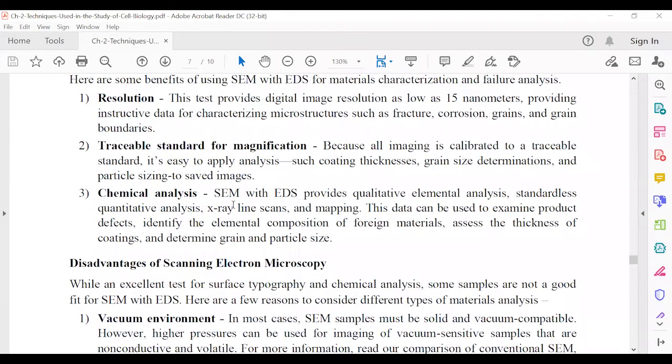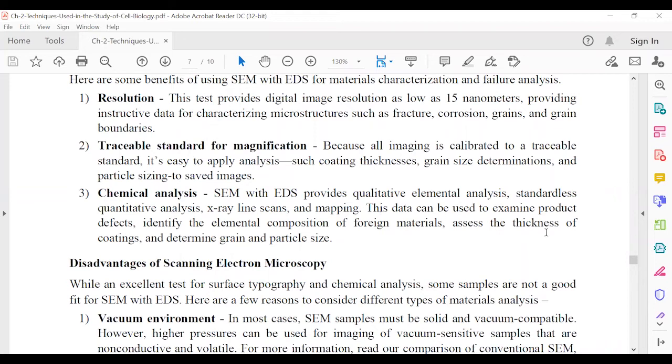Chemical analysis. Scanning electron microscopy with EDS provides qualitative chemical and elemental analysis, standardized quantitative analysis, X-ray line scan, and mapping.